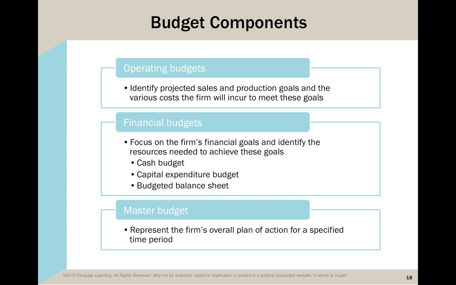At the end of that time period, how will your assets match up against the liabilities and stockholders' or owners' equity? And finally, you have your master budget, which represents the firm's big picture plan for how they're going to financially operate over, usually, a given year.